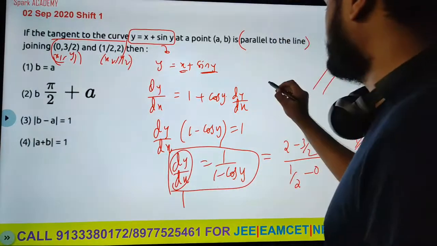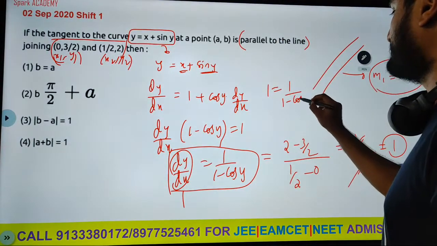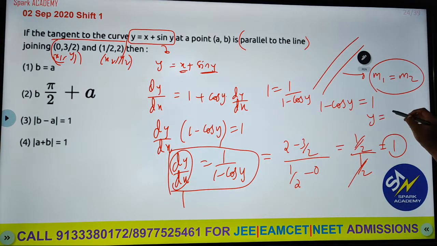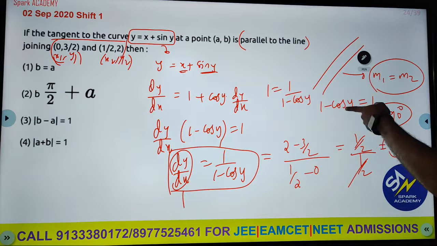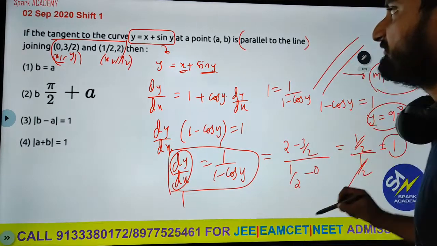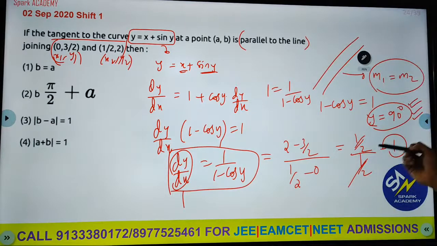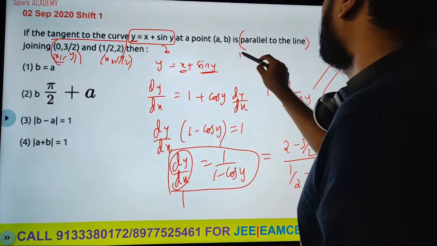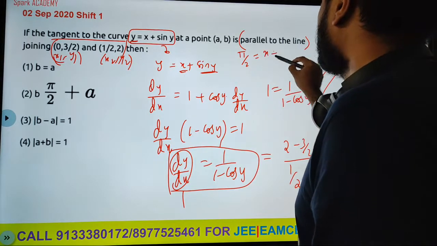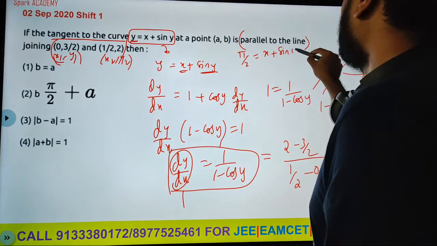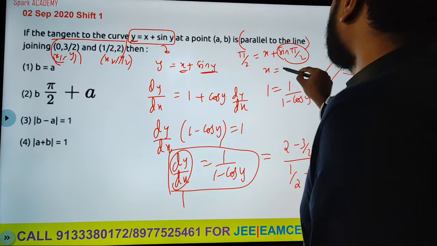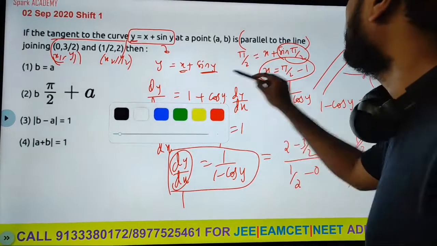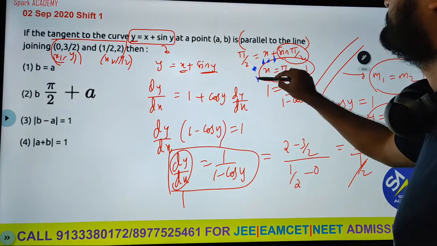So slope 1 means 1 equals 1 by 1 minus cos y. 1 minus cos y equal to 1. So the y value we will get is 90 degrees, because cos 90 is 0. Now we can find the x value. Instead of y substitute pi by 2: pi by 2 equals x plus sin pi by 2. Sin 90 is 1, so x equals pi by 2 minus 1.